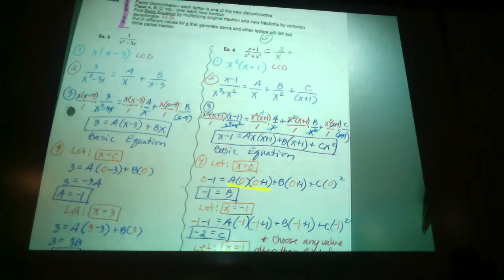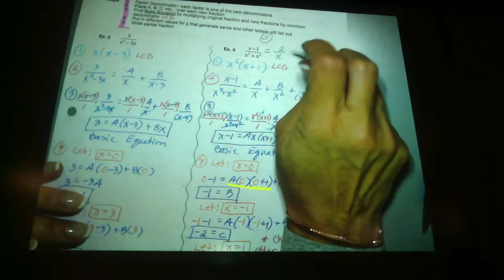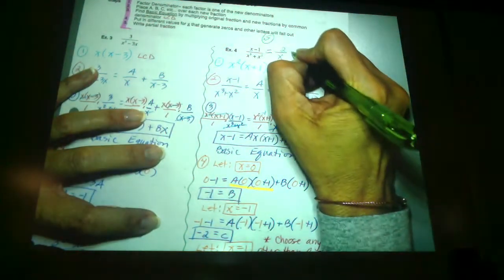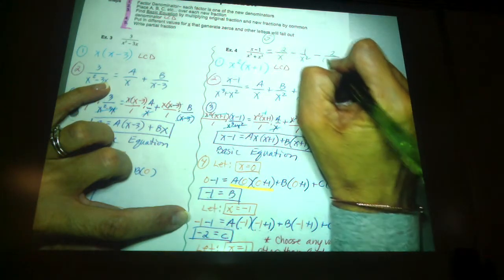Because I don't want plus and negative. This is a minus. My b was 1, so 1 over x squared. And then my c is also negative, so minus 2 over x plus 1. So here's my final answer.